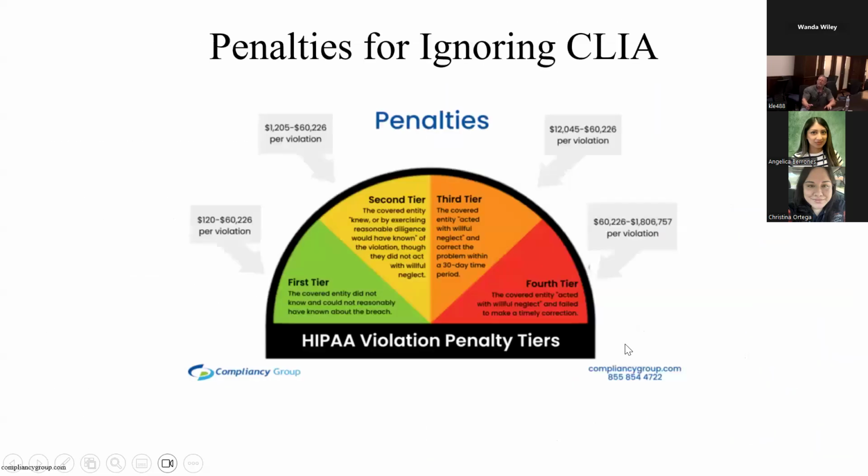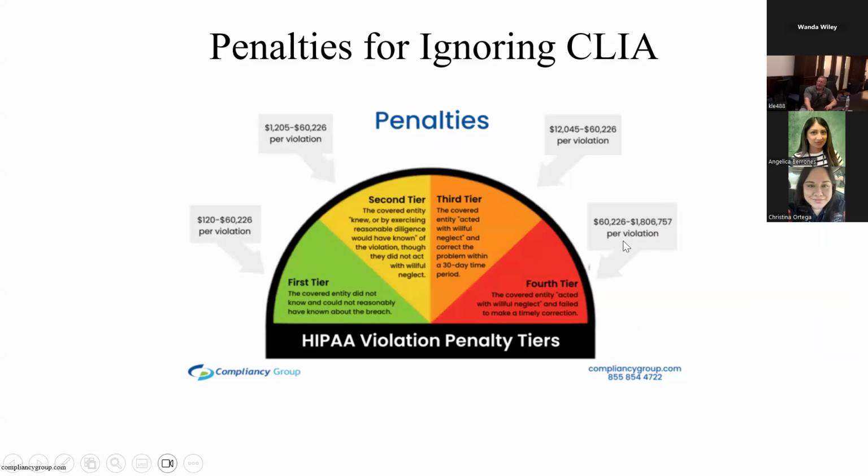So CLIA is used to basically enforce how testing is done, particularly genetic testing, across the entire nation. And again, if they catch you making mistakes, they will charge you fines. And if you get up here to where they just decide that you're basically being a jerk and making mistakes on purpose because you don't care, up to $2 million per violation.